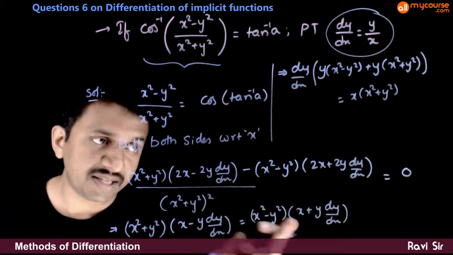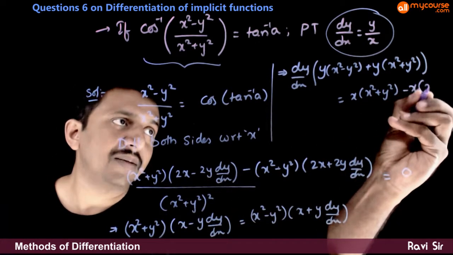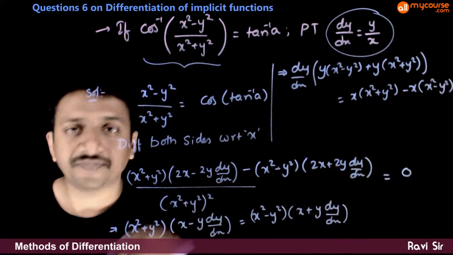And this term, if it comes onto this side, you get minus x times (x square minus y square).